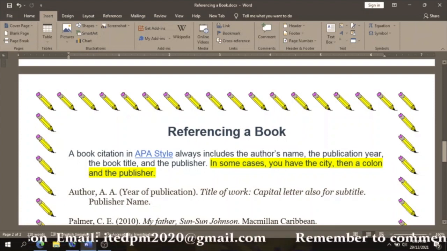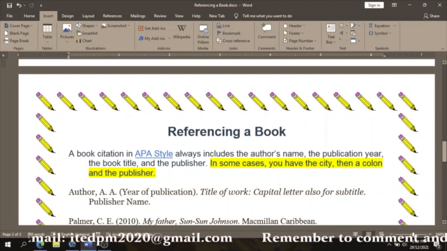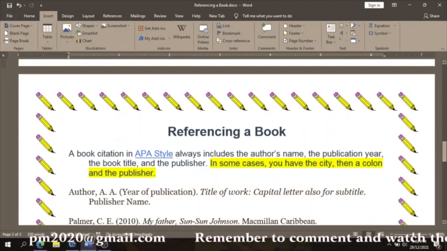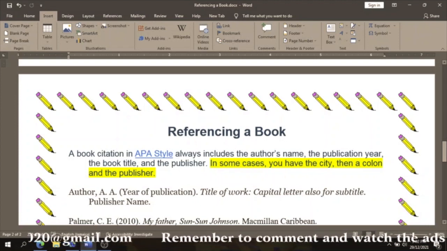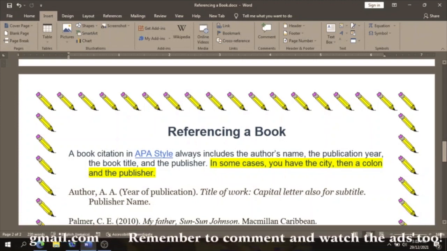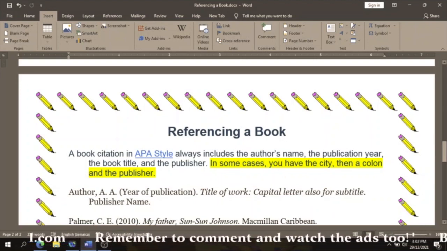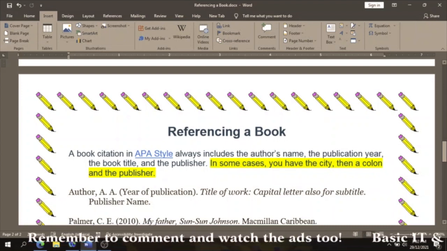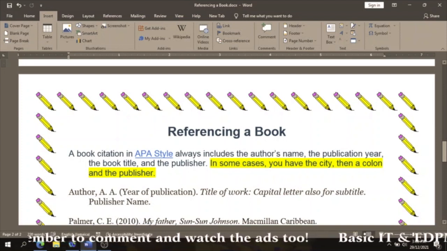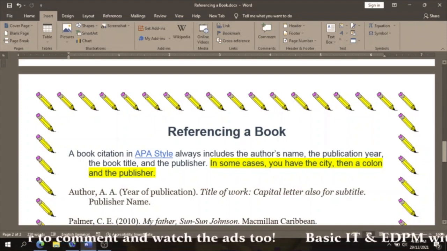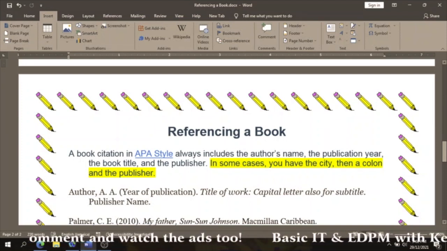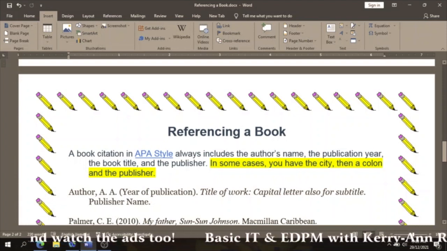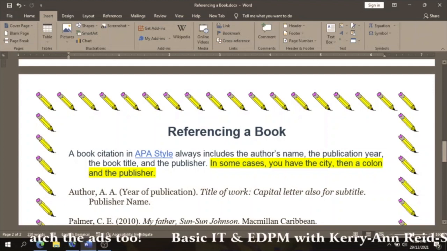In some cases, you will have the city. If you have the city, it comes before the publisher. So you'll have the city, a colon, and then the publisher would follow. And then a full stop would come at the end. Or in my previous video, I did mention that you could put a full stop after each section, but a full stop is not necessary after the URL is copied and pasted.